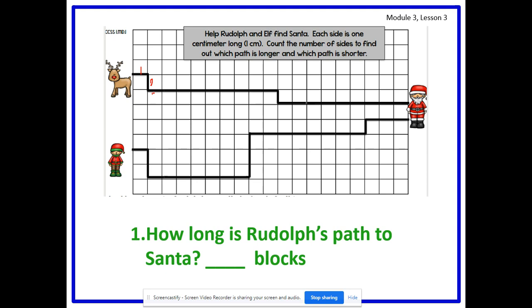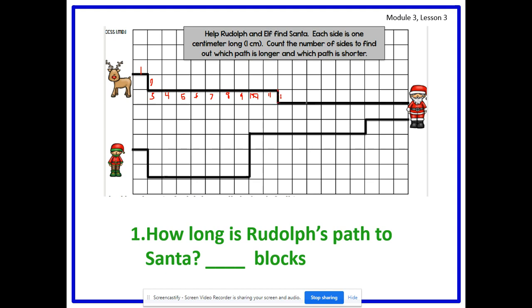2, 3, 4, 5, 6, 7, 8, 9, 10, 11, and then we have to count from here to here, remember, because we're not counting the squares, we're counting the lines.